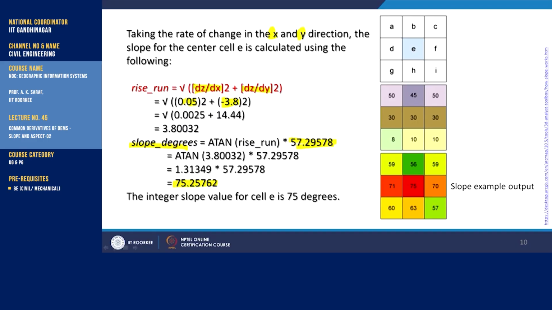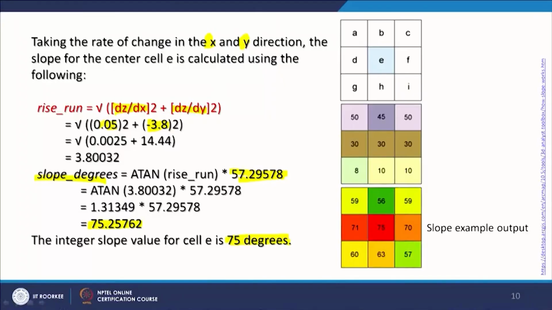Now, these are not represented in our results as fractions, because that kind of accuracy is not really required for topographic slope. So a rounded figure is represented for degrees, and if somebody is very keen, definitely some modifications can be done so that you can get decimal places too. So, 75 degrees.